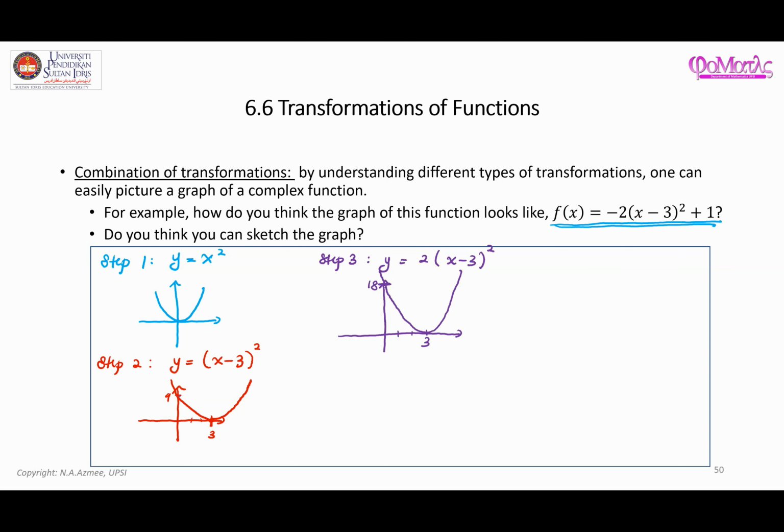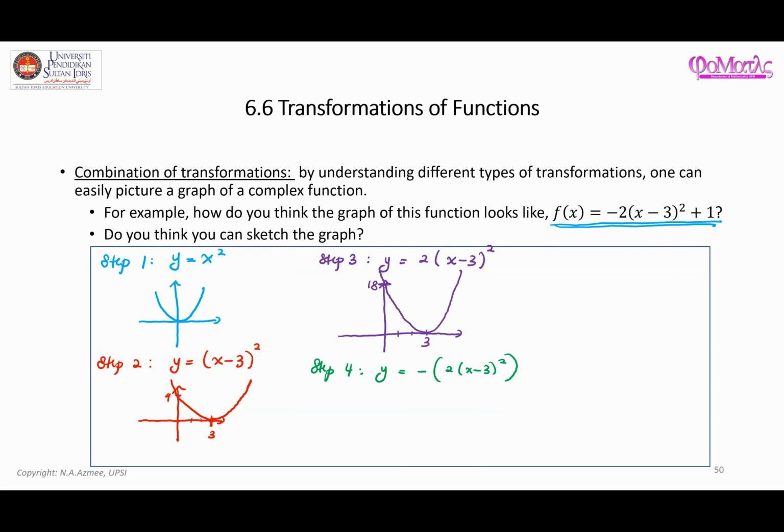Okay, so the next step is I'm going to introduce the negative sign outside the function. So step 4, I'm going to have the negative sign outside the whole function, where my whole function is 2 times x minus 3 squared.